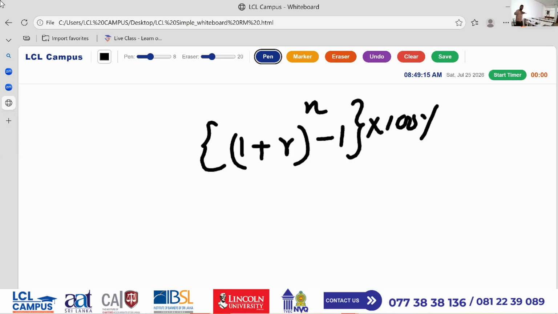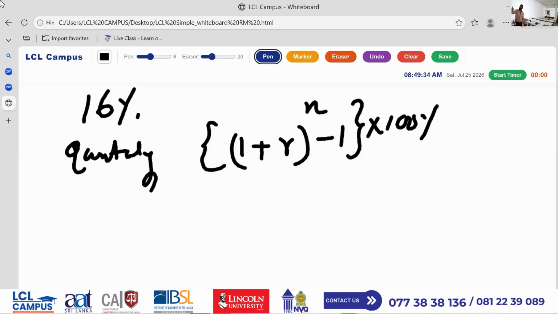In that question they have mentioned calculate the effective rate of interest for the interest rate of 16% per annum compounded quarterly. These are the information given. Compounded quarterly and 16%. Here, you can't substitute 16 here. Compounded quarterly means you want to divide the 16 by 4.